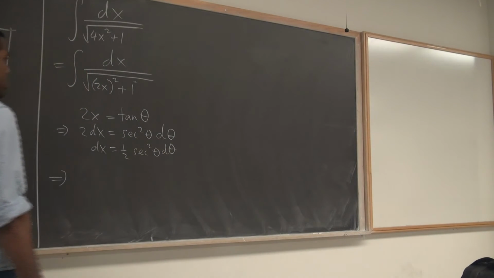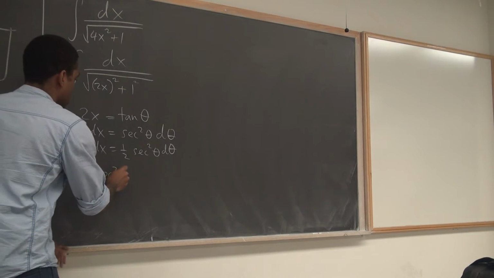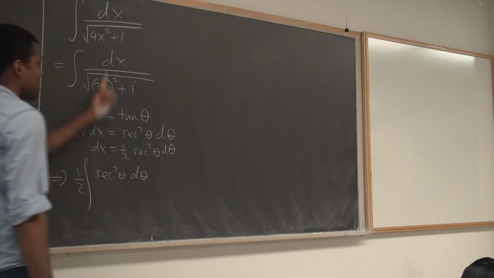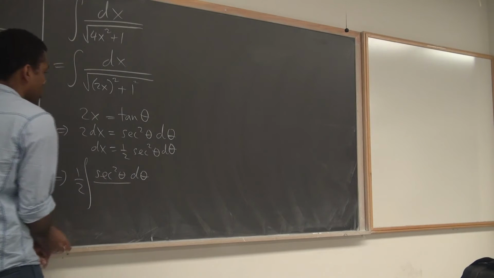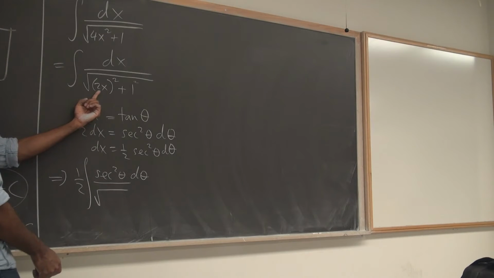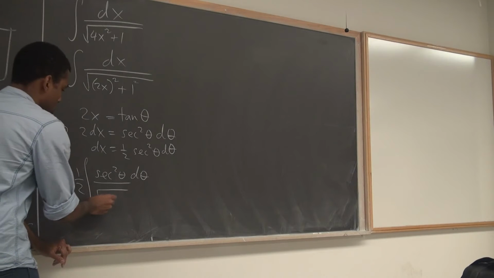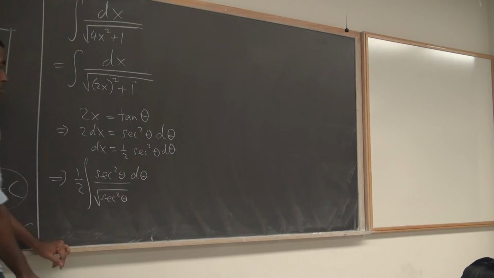Which means I can get my integral now. If I put 1/2 secant squared theta d theta, that takes care of my dx. The denominator would be what? This is a tangent. Tangent squared plus 1 gives me secant squared. So this is going to cancel one of those guys.